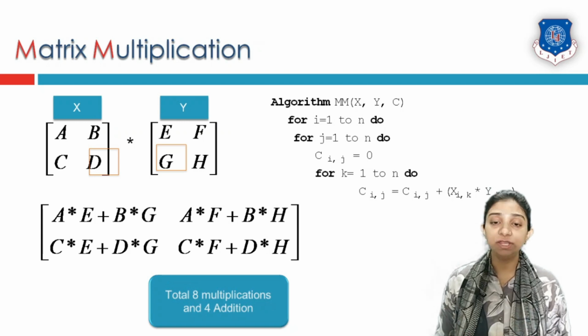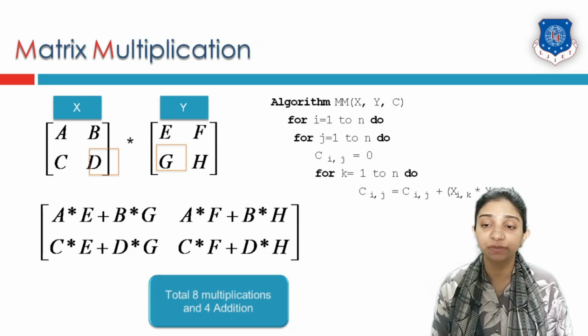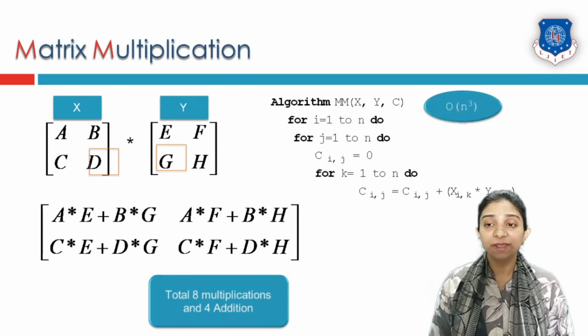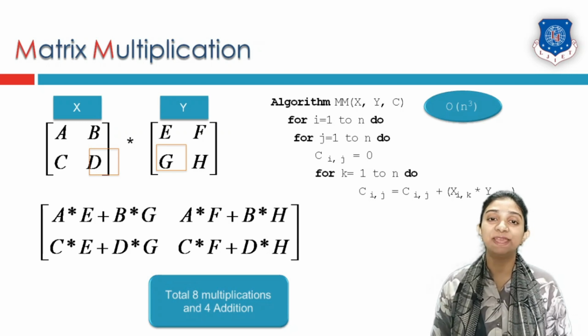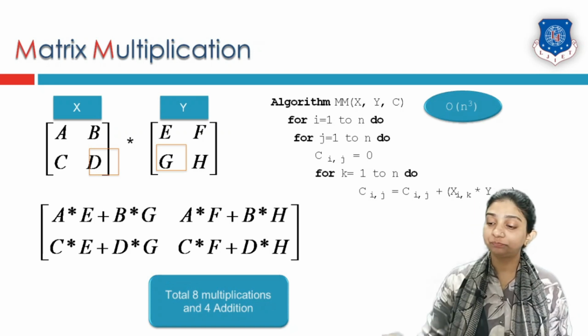So there are in total 8 multiplications and 4 additions performed. So the complexity of the standard matrix multiplication algorithm is big O of n cube.